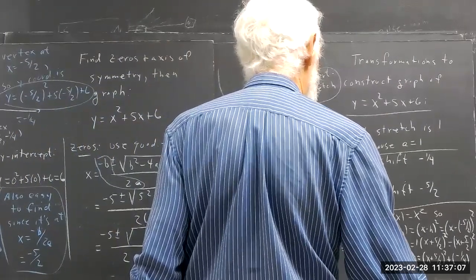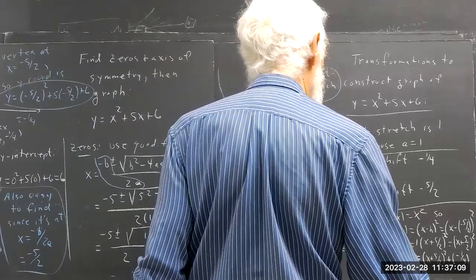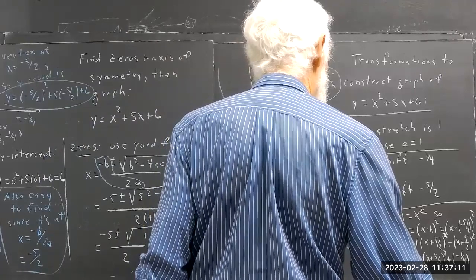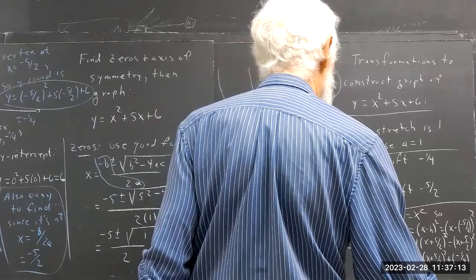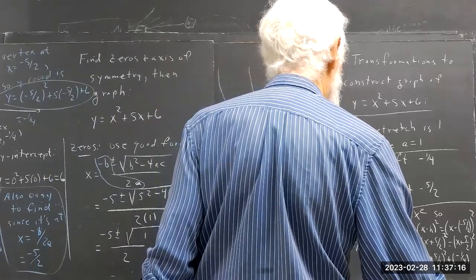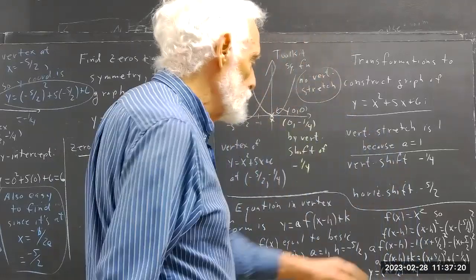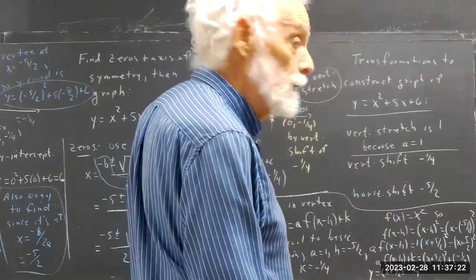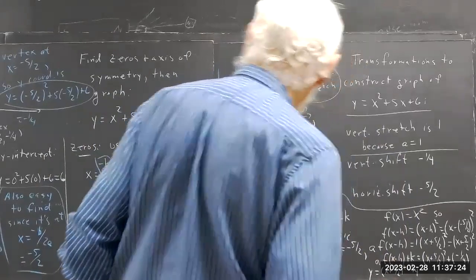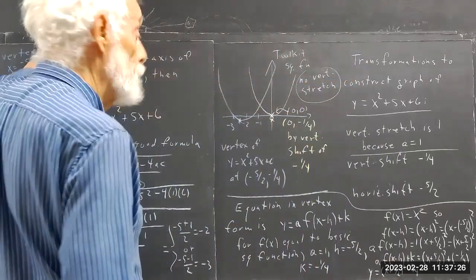So we get y equals x plus 5/2 quantity squared minus 1/4. That's the vertex form.